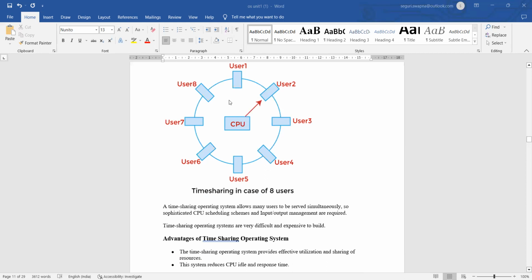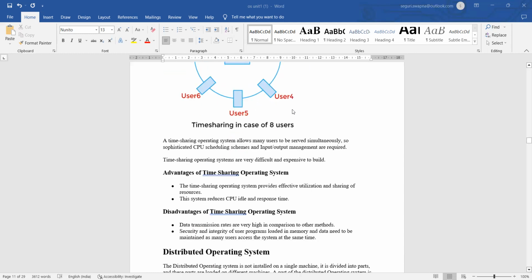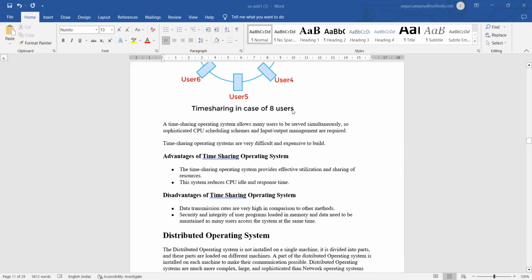So it allows many users to be served simultaneously, so that input and output management is very easy. The advantages of this time-sharing operating system are that it provides effective utilization and sharing of resources to every process equally, and it reduces the idle time of the CPU. These are the advantages and disadvantages of time-sharing operating system.